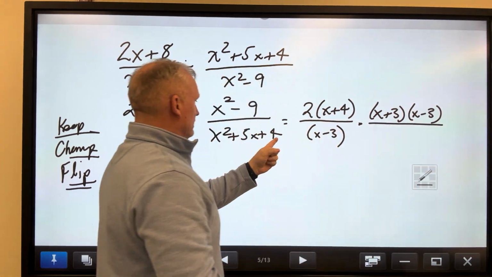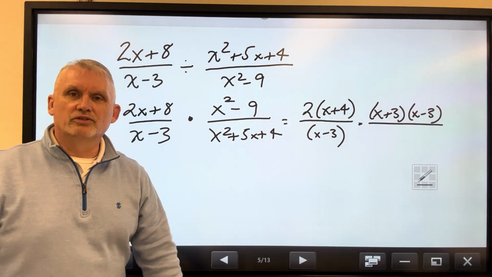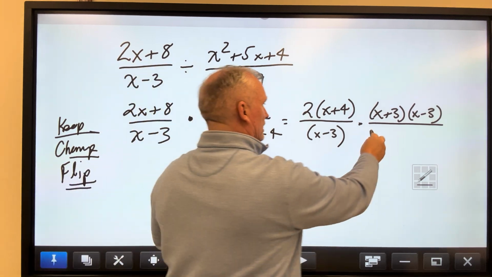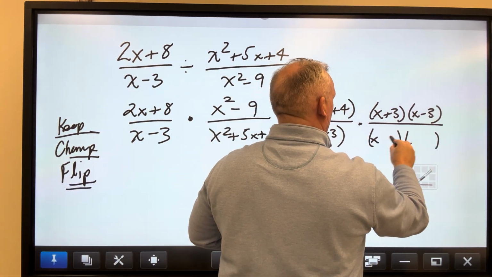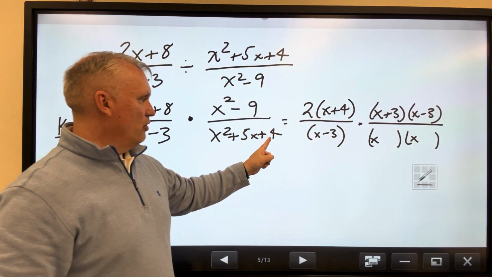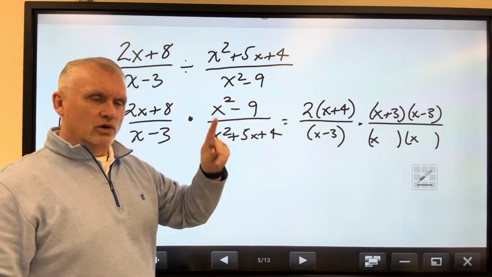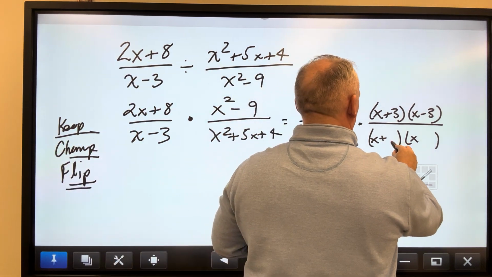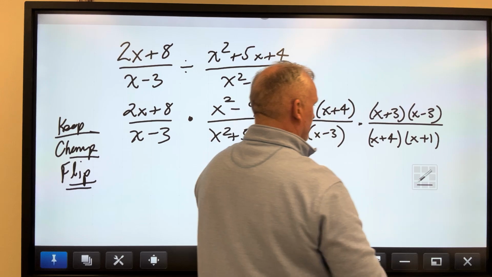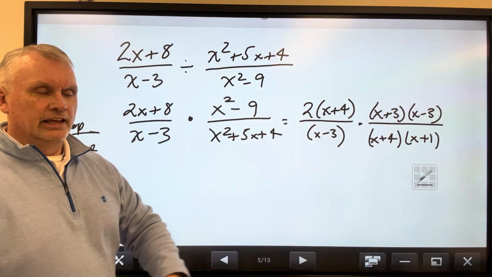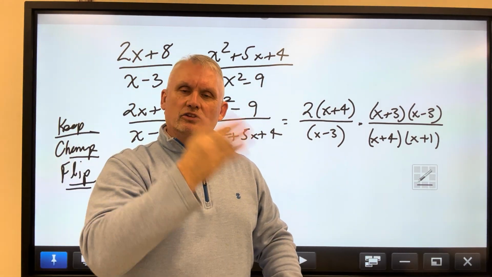All over, take a look at this. Well, now this is one of those factoring things. Split it into two things, x and x. The factors of 4 that add up to 5: 4 and 1, so x plus 4, x plus 1. Cool. Multiplication, now I look to cancel stuff out.